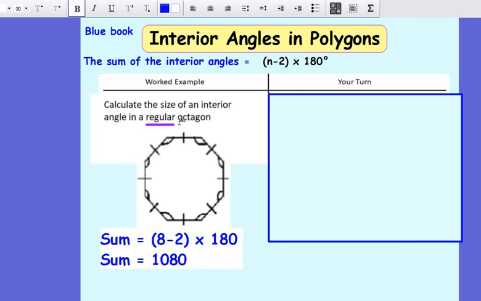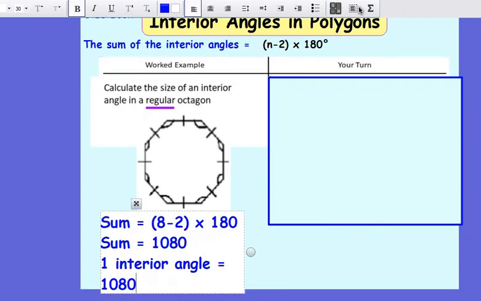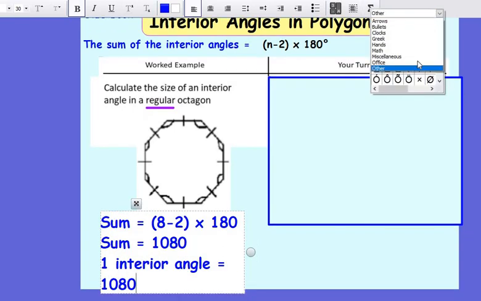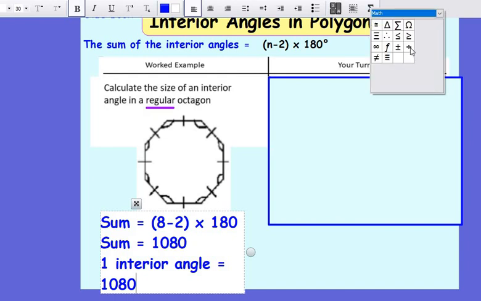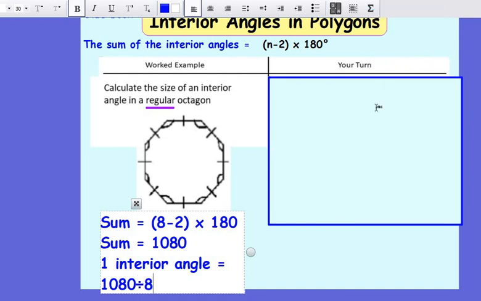We know there are 8 equal interior angles within a regular octagon. So if the sum of those 8 equal ones is 1080, to work out one interior angle, we need to do 1080 divided by 8.